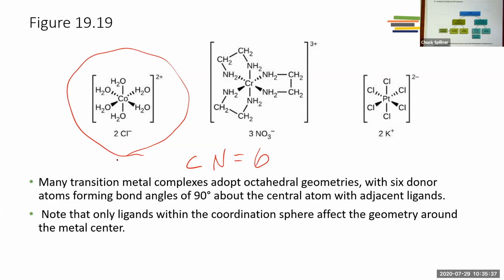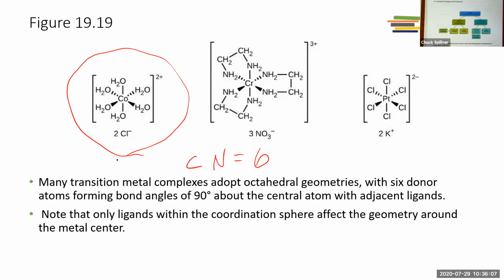And when we get to isomers, this becomes important. When we talk about structures, the structural component of a coordination compound is really the structure of the complex ion. Now, because these coordination compounds are ionic, they form crystals.